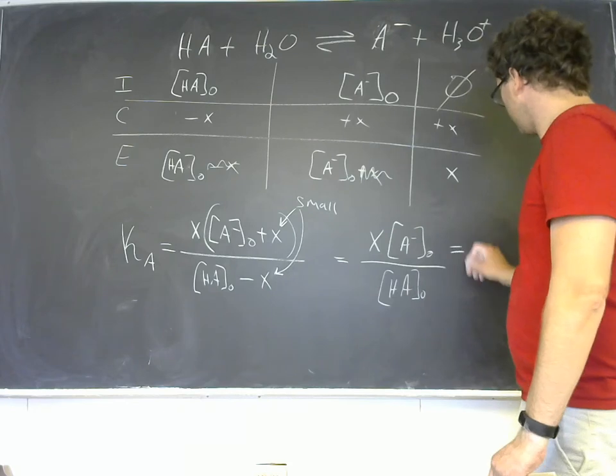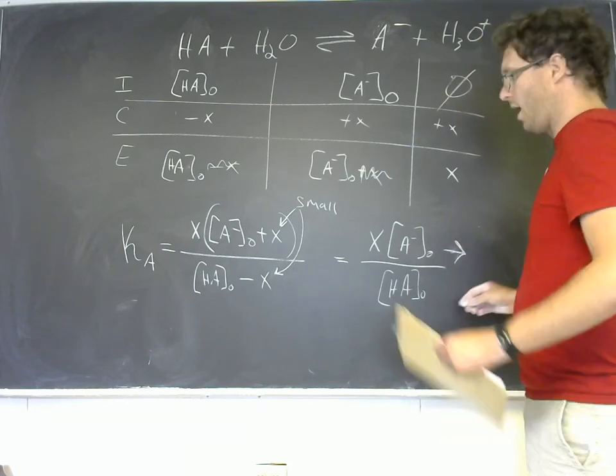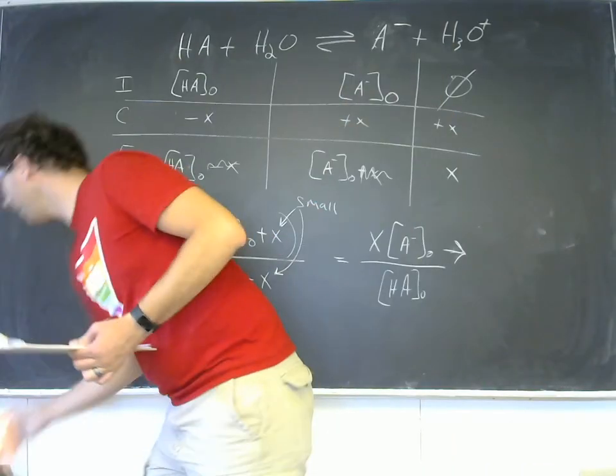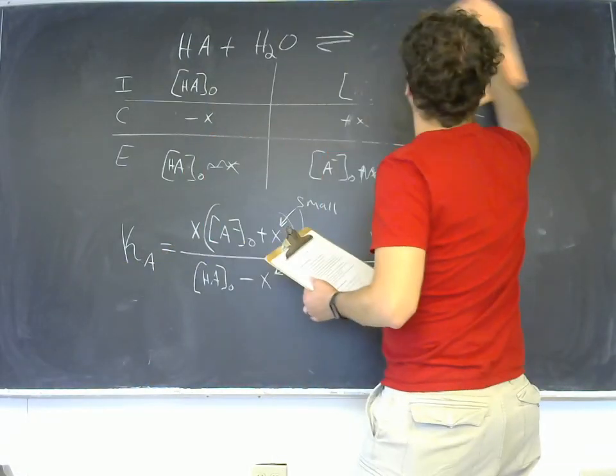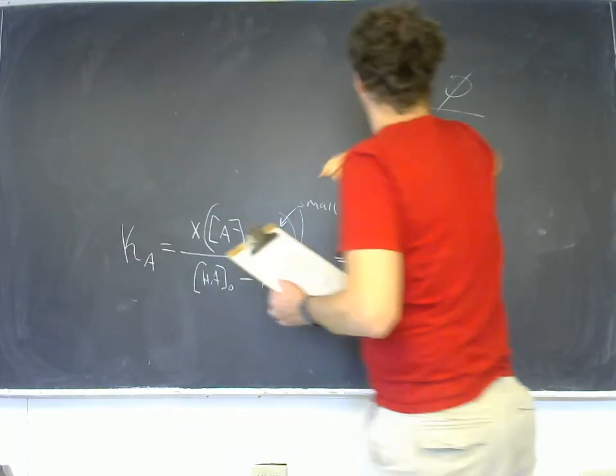So let's rewrite the whole equation. I want more space here, so I'm just going to erase this. We've already taken from the ICE table everything we need.